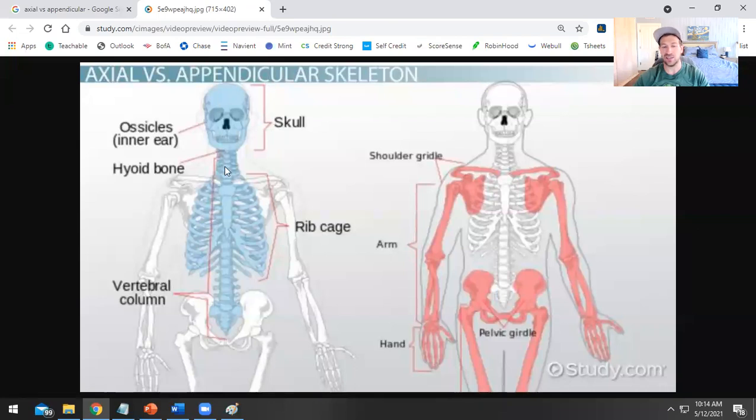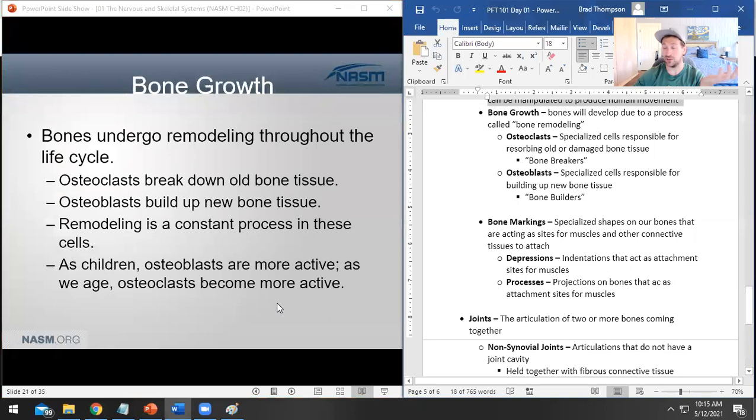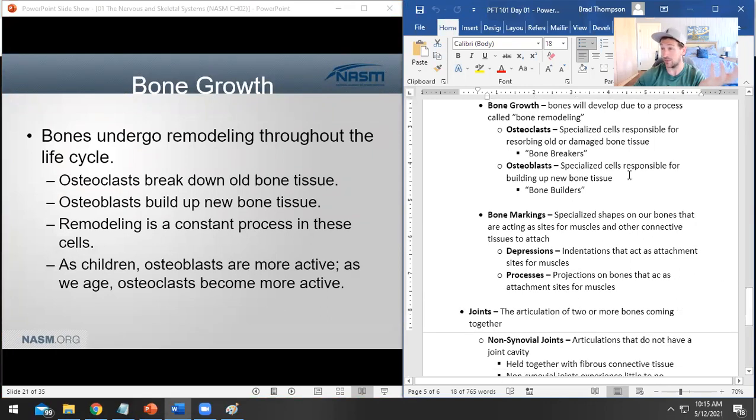The axial skeleton protects your central nervous system, and your appendicular skeleton moves us around the world, right? Your pelvis attached to your legs, your scapula attached to your arms. And so those two primary divisions obviously are going to move in very different ways. That's what we are going to spend a lot of our career analyzing.